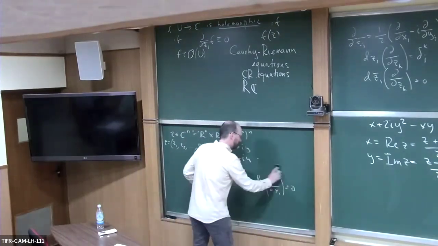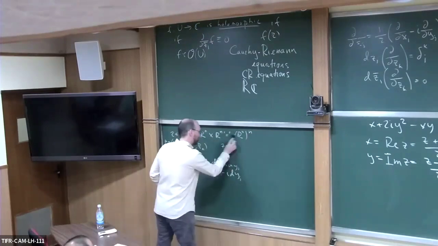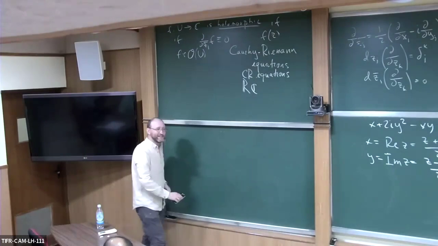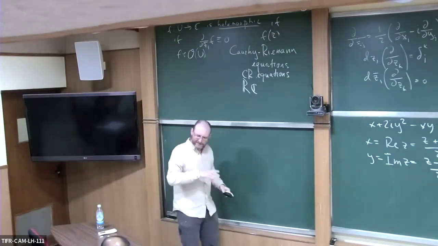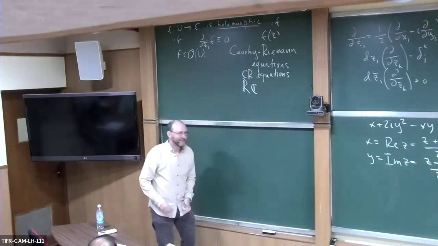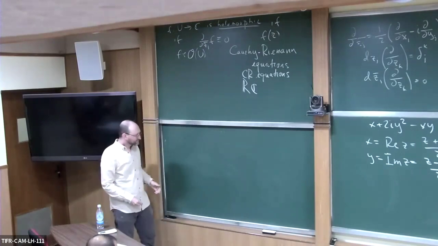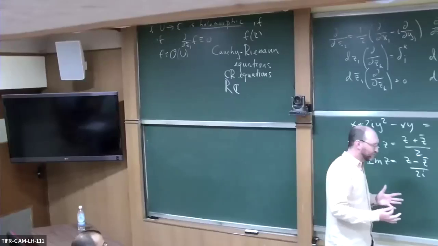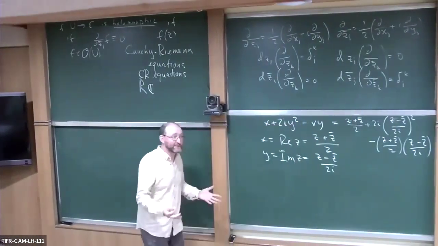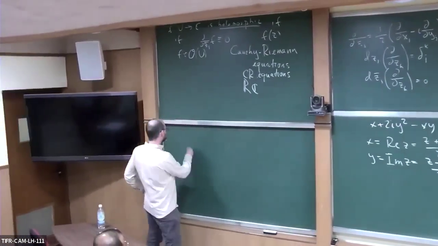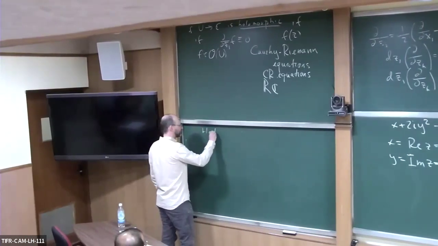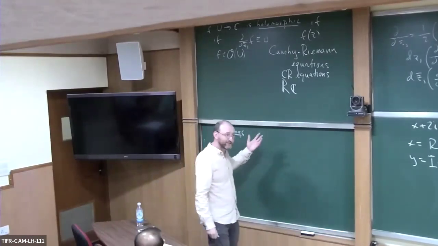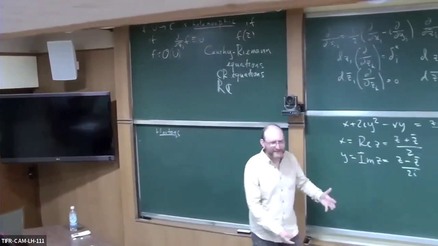So maybe I'll start with one really amazing theorem, and then I'll do a little bit more concrete example of this. It's something that tells you what's going on, and something about really convexity. It's the Hartogs phenomenon, which is a really amazing thing.